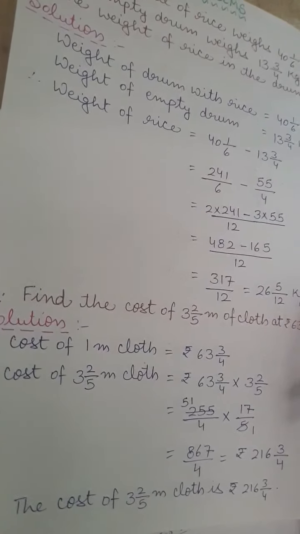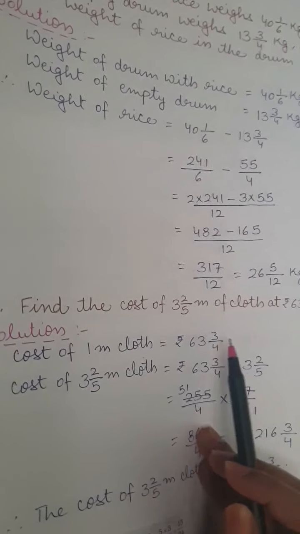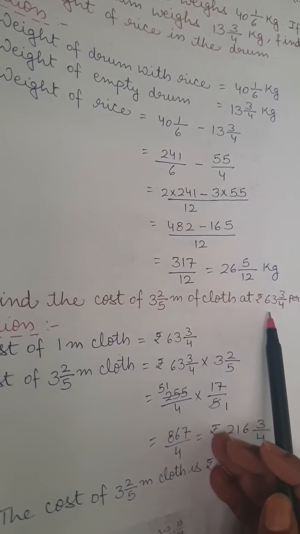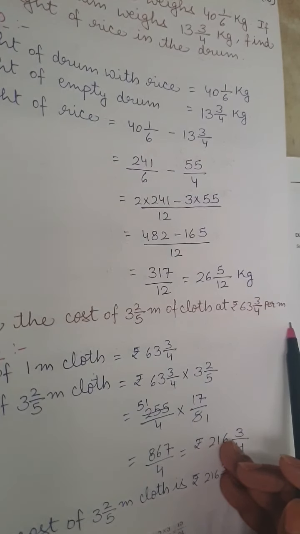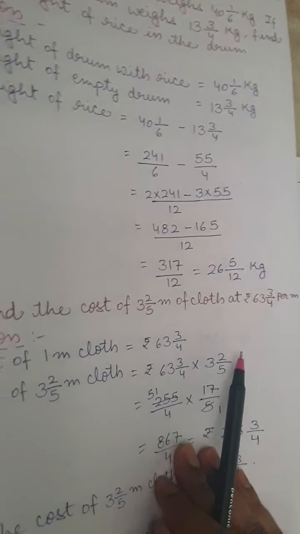Now take another example. Find the cost of 3 and 2/5 meter of cloth at 63 and 3/4 per meter. Per meter means cost of 1 meter.